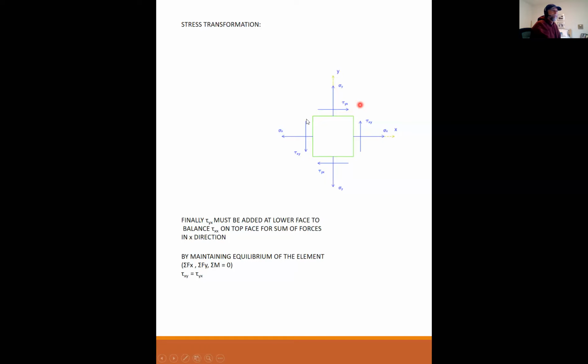So like I said, all the shears are equal in magnitude, but the shear is independent of the normal in the x direction, which is independent of the normal in the y direction. So we really have three independent stresses in this coordinate system, and that completely describes in the 2D world everything happening with this element. Any questions about that?